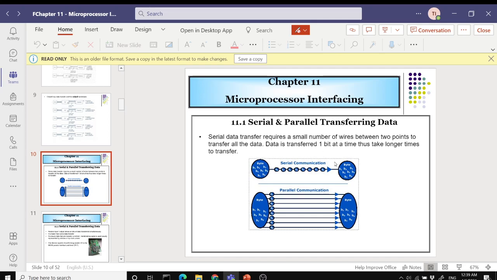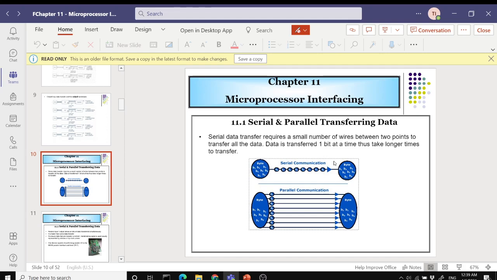Nowadays, in modern computer architecture, most of the communication is done serially, because we have the technology to create faster serial communication, like your USB, for example, and your serial port.